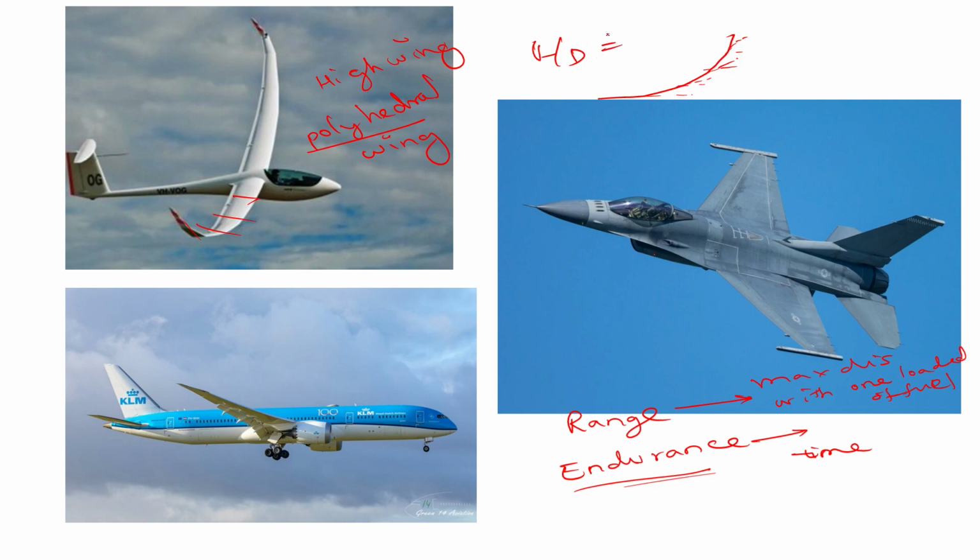It can go, I think, 25 to 35, nearly about that. That much lift to drag ratio it can generate. So that's a benefit of polyhedral. And as I said, speed is not an important consideration over here. They just need to glide.